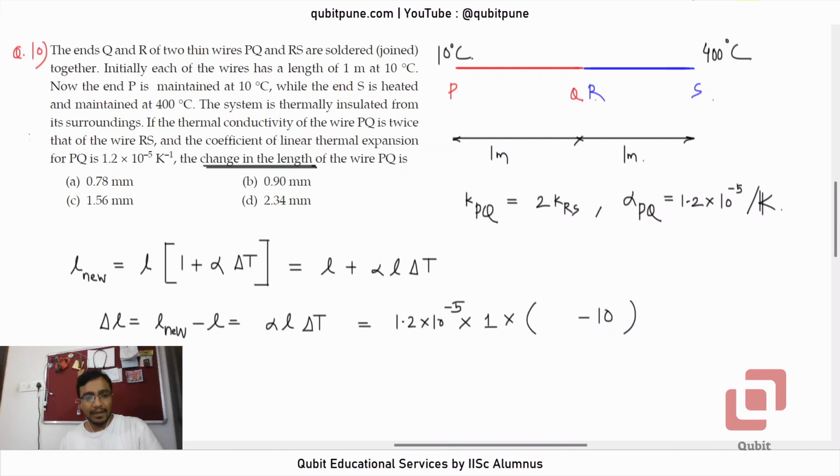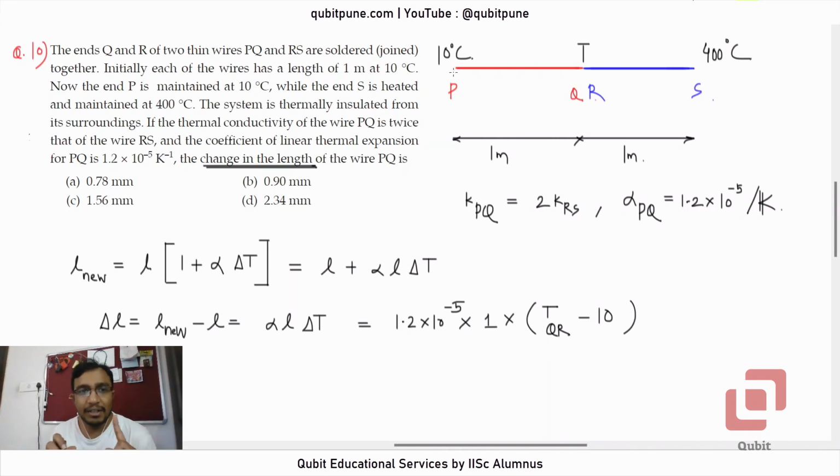So if we find the temperature of the junction, it basically tells us that there is a constant temperature gradient between P and Q, which will lead to continuous heat flow from S to P, because heat always flows from a body at a higher temperature to a body at a lower temperature.